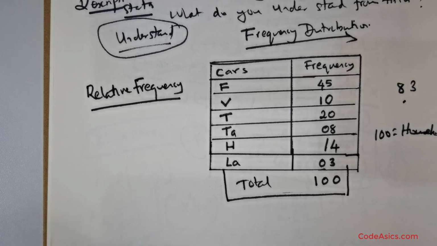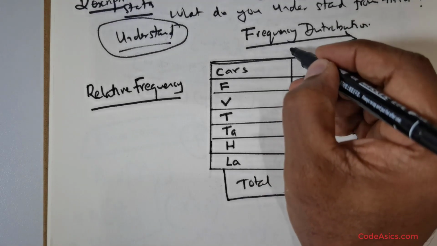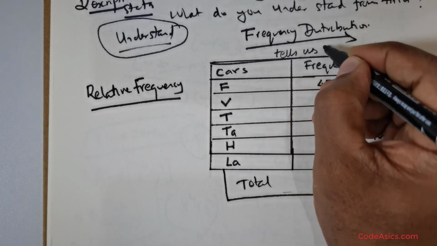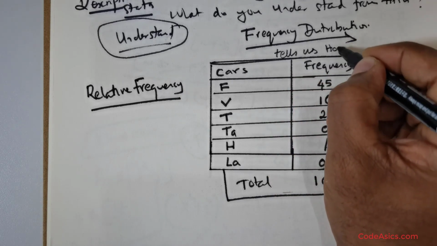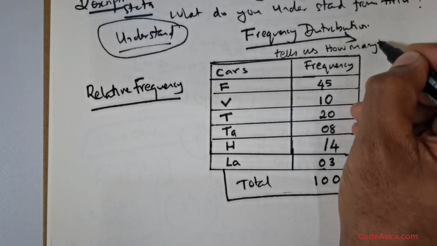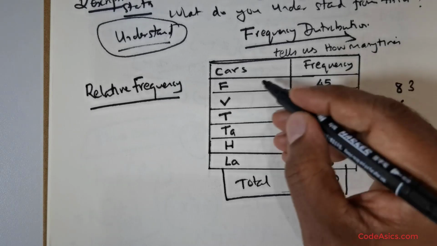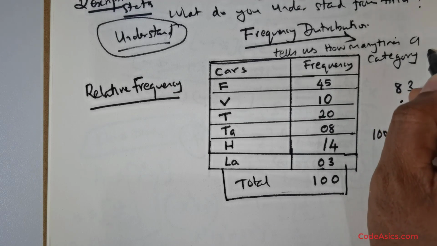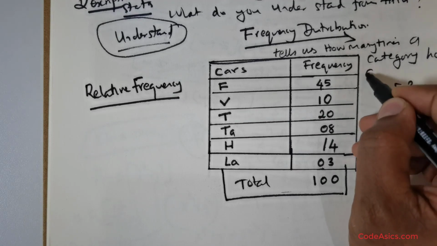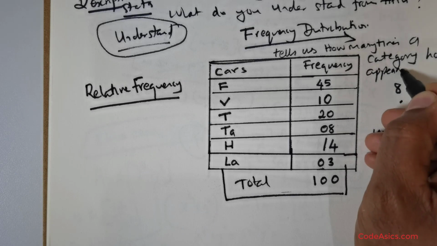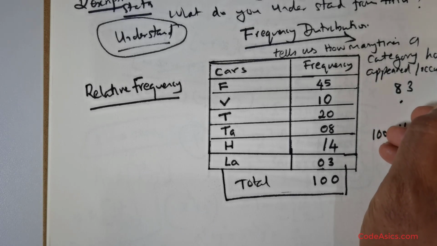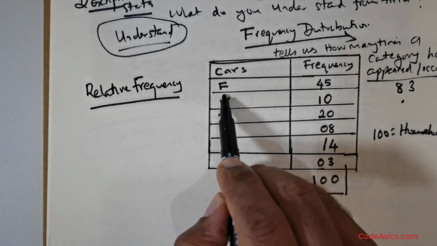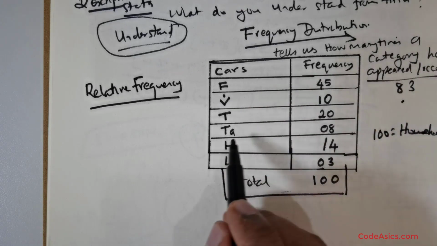Let me give you this definition of frequency distribution. This tells us how many times a category has occurred or appeared. F is a category, it has occurred 45 times.